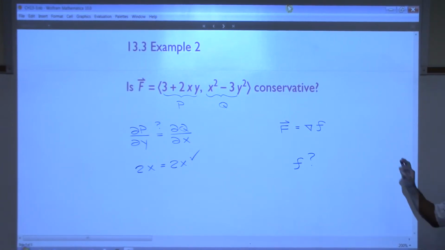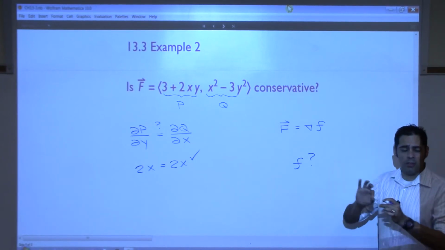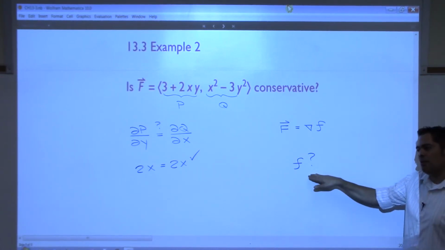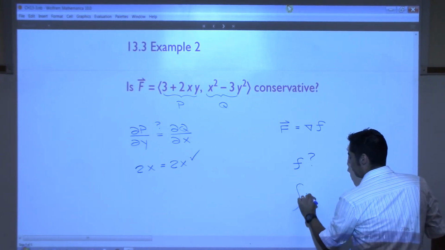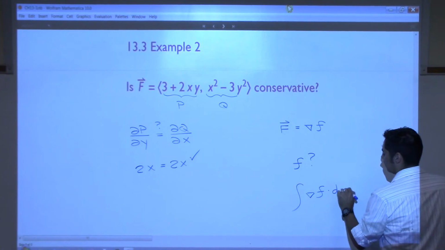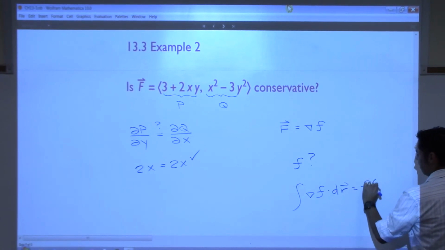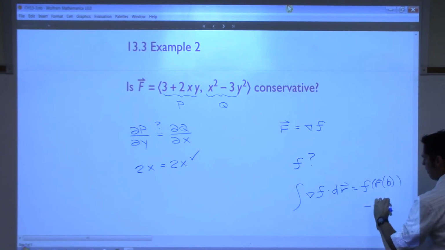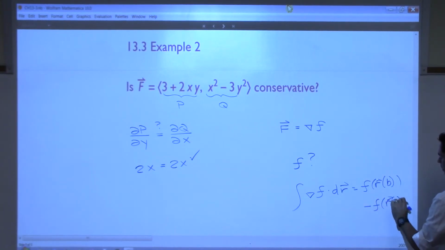But on just a regular curve, if you wanted to do the line integral, you would need to know the value of little f at the two endpoints. So I actually need to know what little f is, don't I? In order for me to do this integral. That's the fundamental theorem of line integrals.